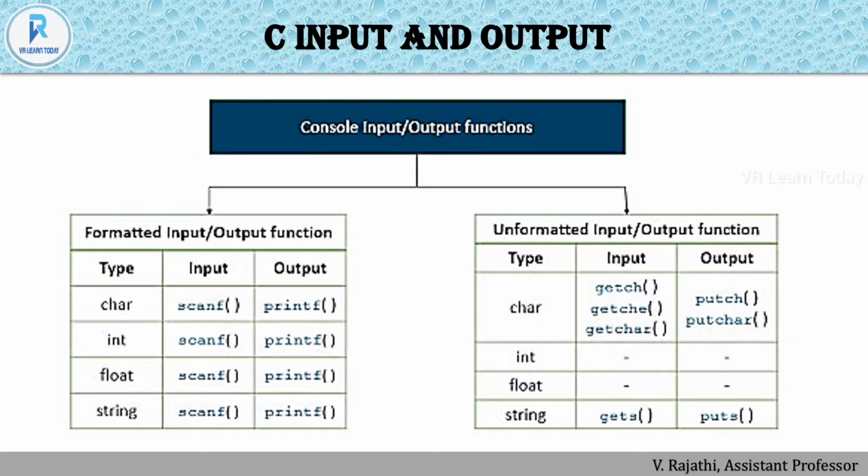In unformatted input output, for a character we use getch, getchar, and getc for input, and for output we use putch and putchar. For a string we use gets for input and puts for output.